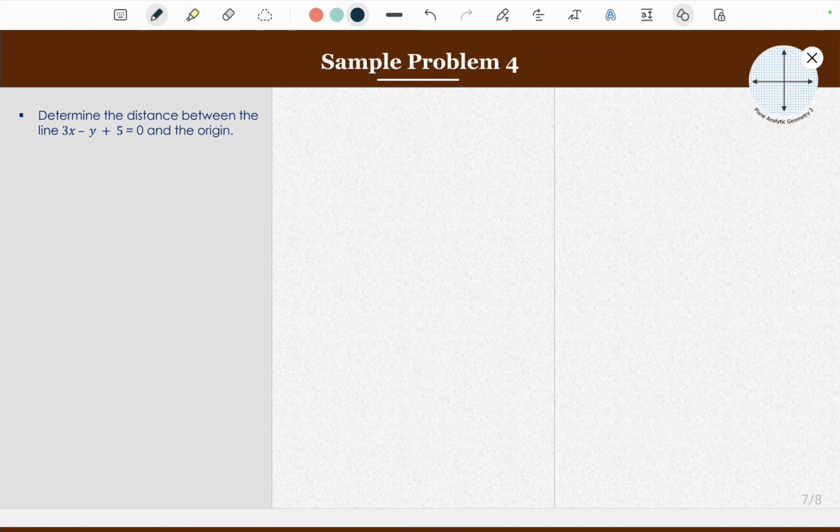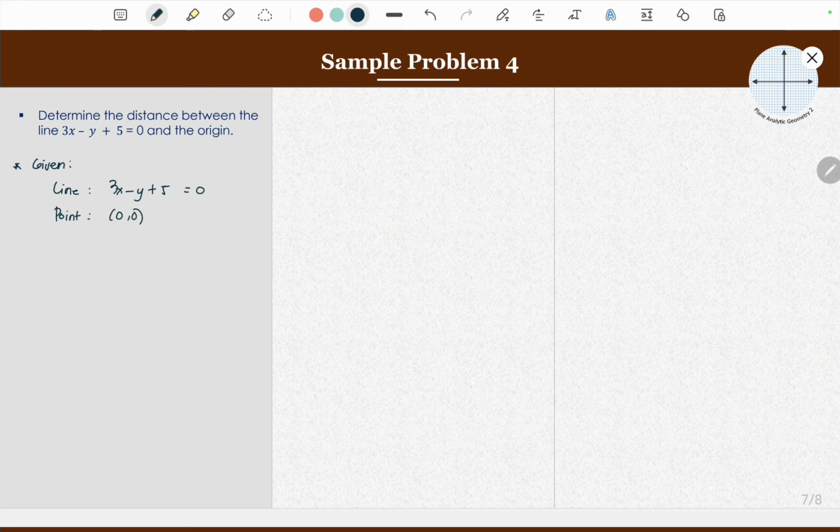The coordinates of the origin is just 0, 0. Okay? So let's write the given here. The given are, first, the line 3x minus y plus 5 is equal to 0, and the point 0, 0.